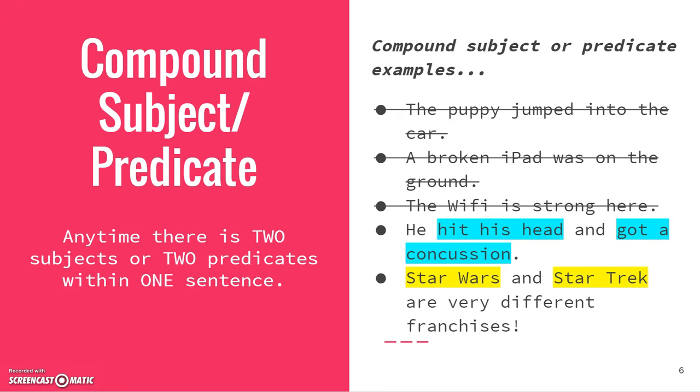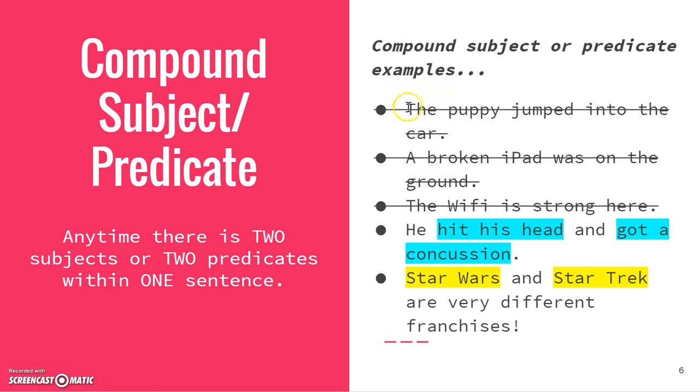Finally, we can graduate to compound subjects and predicates. This is not as hard as it sounds. It's just any time there's two subjects or two predicates within one sentence. If we go back to our previous examples, those first three were just simple or complete.